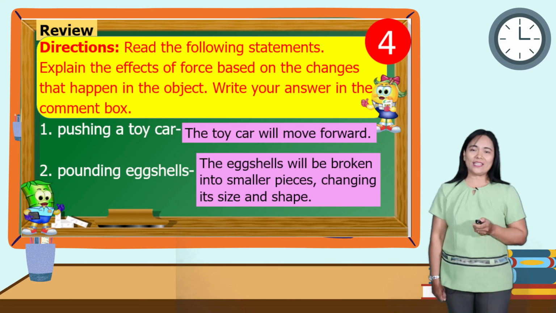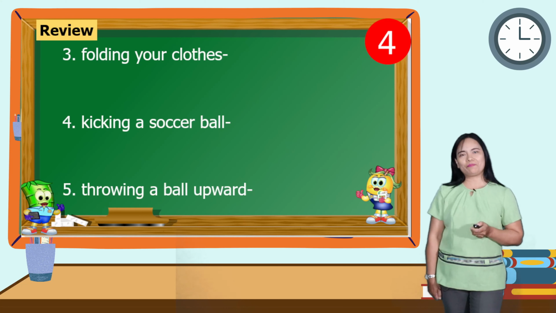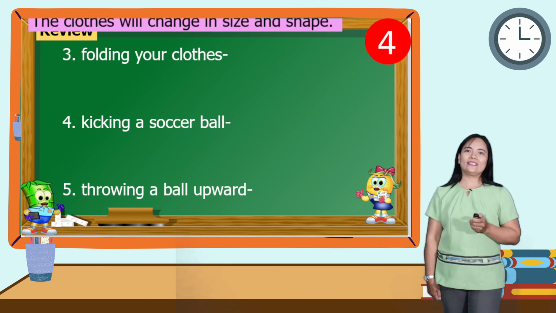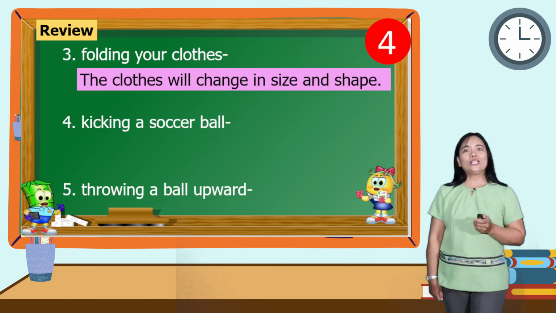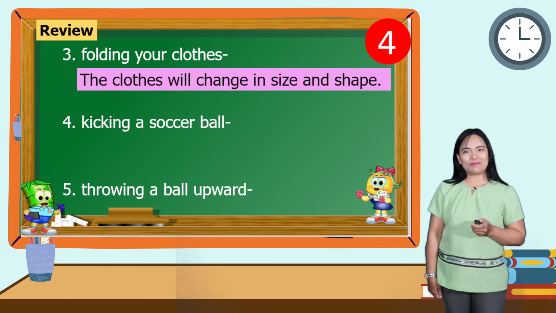Did you get it right, kids? Very good. Number 3, folding your clothes. What will happen after folding your clothes? Will you write your answer, kids, in the comment box? Okay, let us see if your answers are correct. The answer there is, the clothes will change in size and shape.